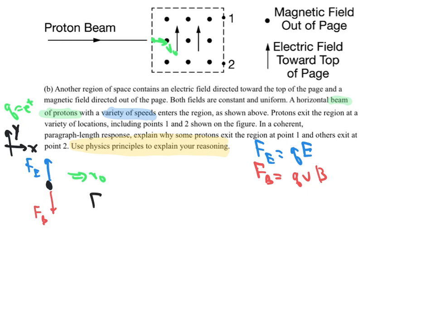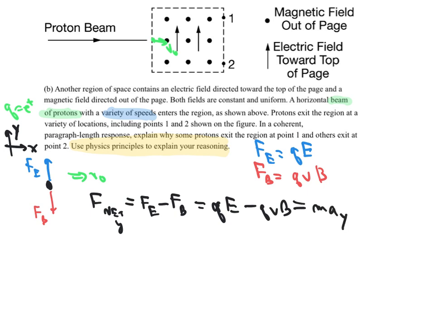Then the net force in the y direction is Fe minus Fb, because they're opposed: QE minus QVB. That equals m times the acceleration in the y direction. So the acceleration in the y direction is q over m, the so-called charge to mass ratio, times E minus VB.